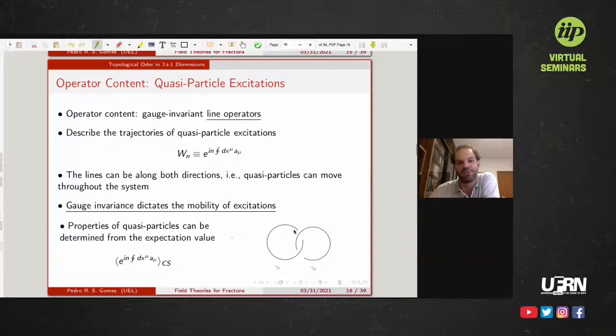And for example, if you choose a closed path, like the union of these two paths, which physically corresponds to the situation where one particle goes around the other one, we can, for example, determine the statistics of these quasi-particle excitations.